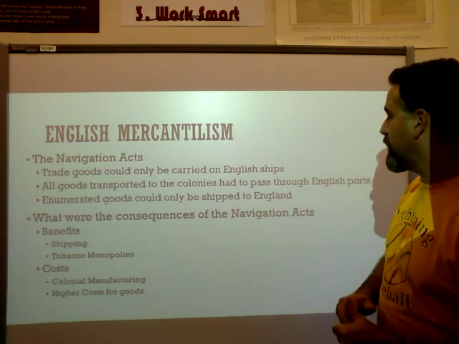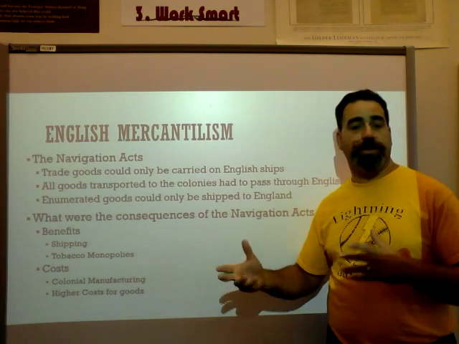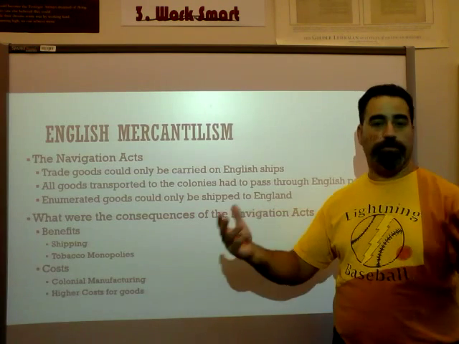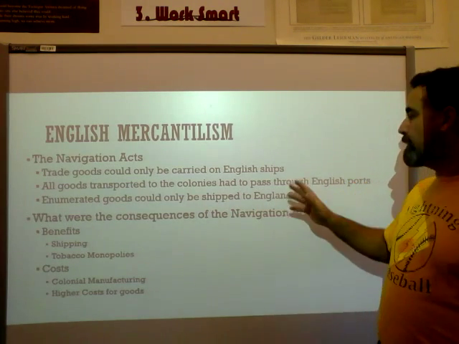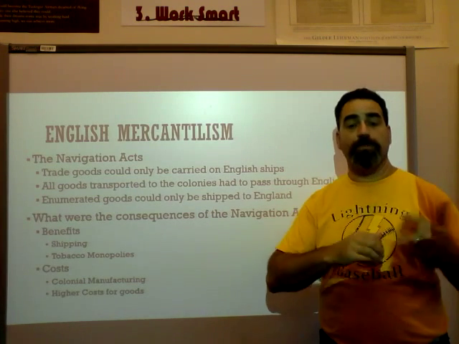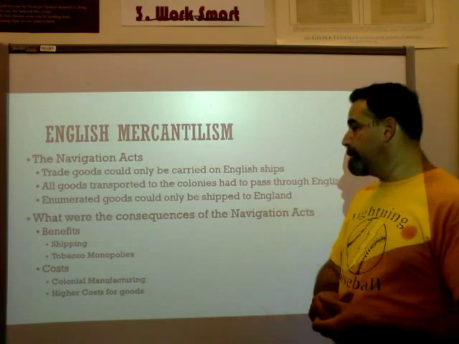All goods transported to the colonies had to pass through England first. So if the colonies were getting trade goods from France or from Holland or from wherever, all of those had to stop in a British port first before they could be moved on to the colonies. Again, this is a way of taxing.